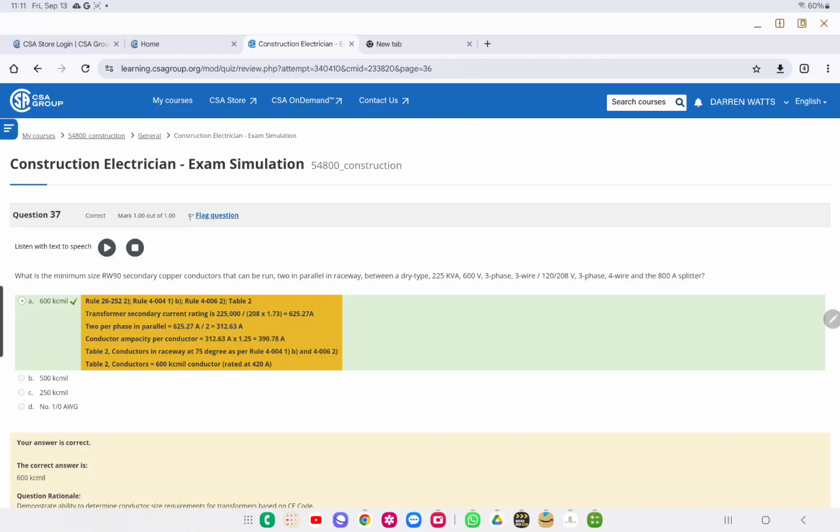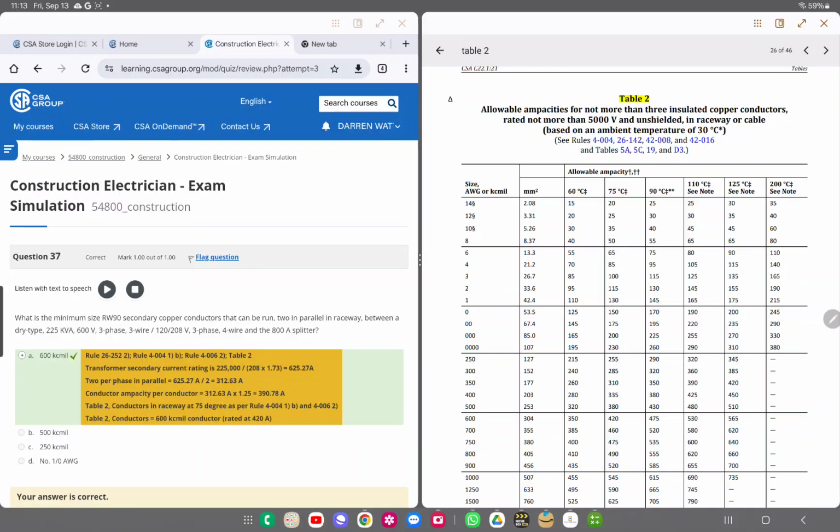Now, in table 2, we have our 312.5 amps. We need to multiply this by 1.25 because we're looking for conductors, so we take our 312.5 and multiply it by 1.25.